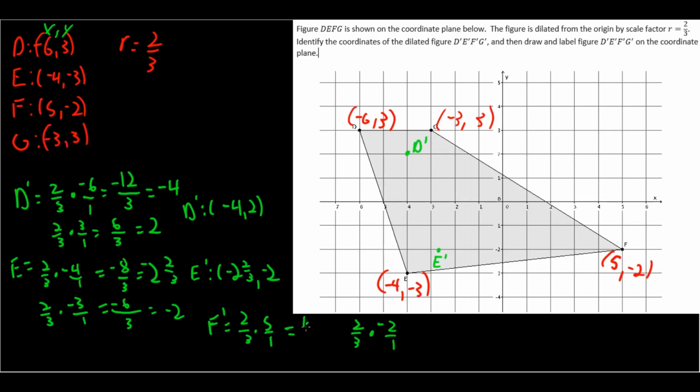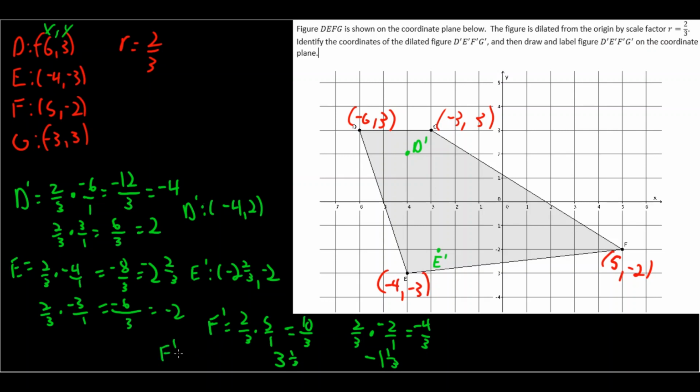So 2 times 5 is 10, 3 times 1 is 3, and this is going to simplify. Well, 3 goes into 10 3 times, and that'd be 9, which would leave 1/3 left over. That's our new x. Over here we had 2 times -2. That's going to be -4. 3 times 1 is 3. Simplify this down, and that's going to be -1 with 1/3 left over.